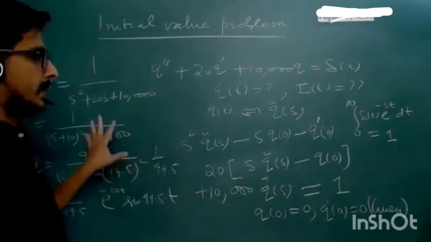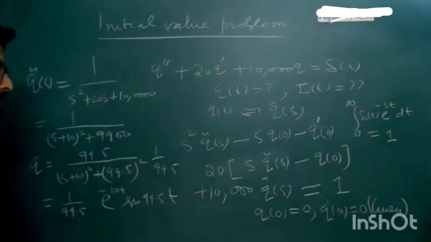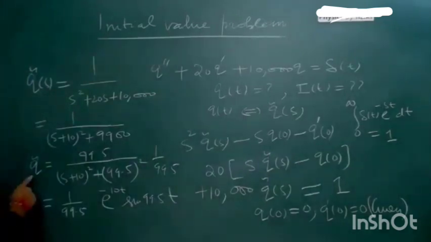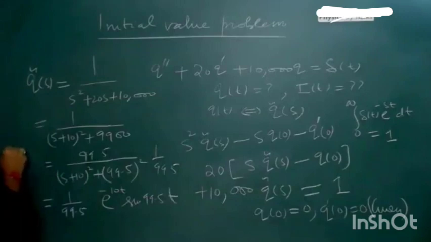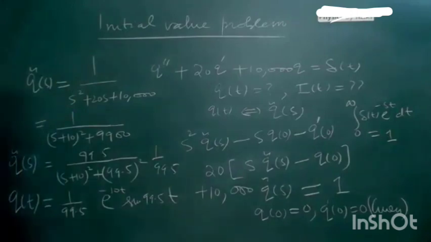Any step you want to ask, you can ask. So after this was Q tilde, that means the Laplace. But here what I have written is Q of t. I took the inverse Laplace in this step.